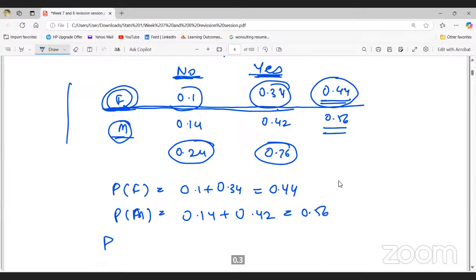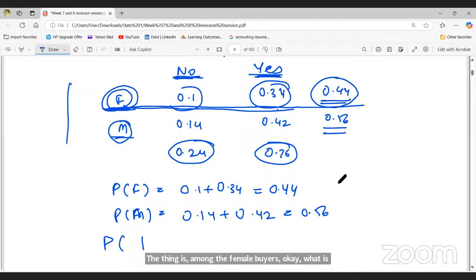So the conditional would be 0.34 by 0.44. The thing is, among the female buyers, what is conditional probability? We have to calculate the probability given some condition. So I have been given a condition that it is from the female, and I have to calculate the female buyers who are owning a smartphone.